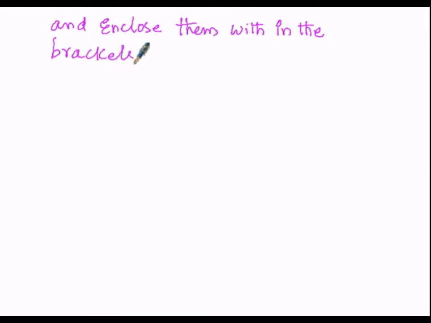Let us perform one example under this, example number 1. As per the definition I said now, we write all the elements which belong to that particular set within the brackets, that is, we enclose all the elements within brackets and separate each and every element by commas. That gives us the roster form, or the listing method.